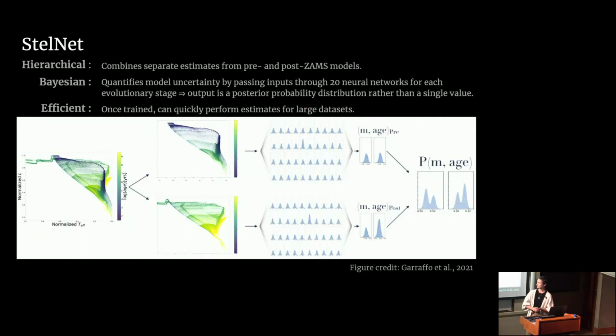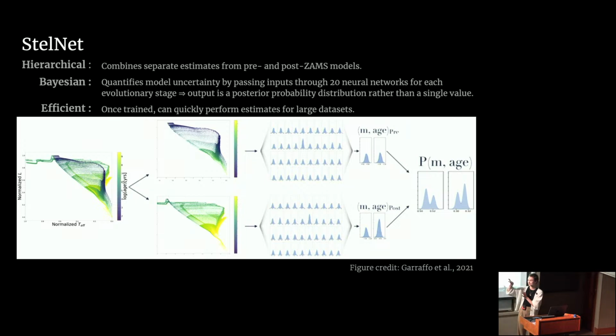Great. So StelNet is a machine learning model that's attempting to solve these problems. It is a collection of deep neural networks that take as inputs a temperature and a luminosity, and it outputs estimates of age and mass. It solves the problem with the degeneracy in stellar evolutionary tracks by having separate portions trained for the portions of stellar evolutionary tracks before and after the zero-age main sequence, or ZAMS.